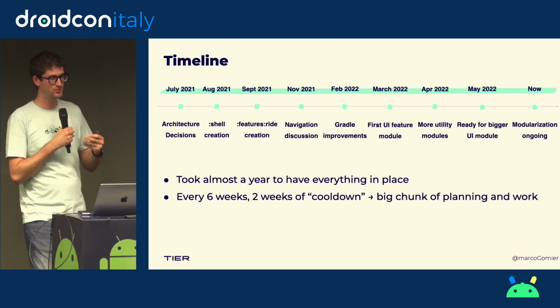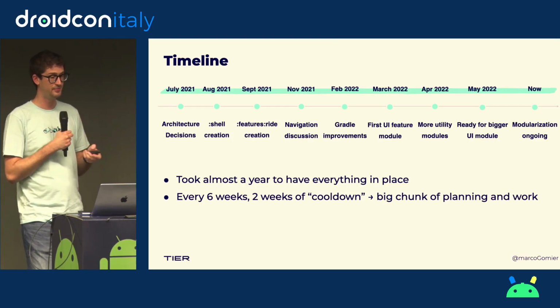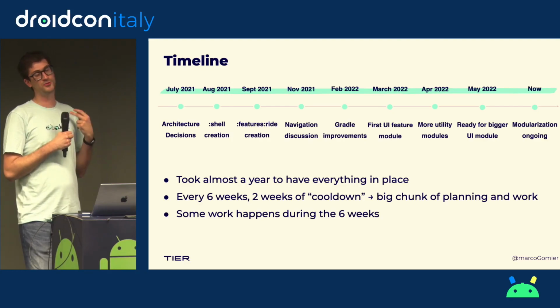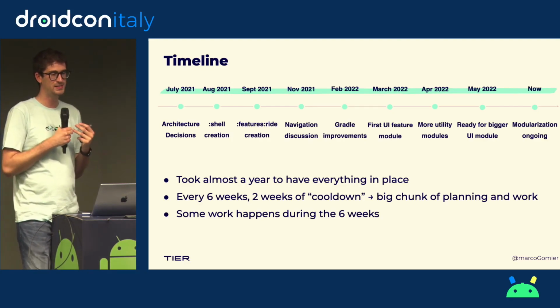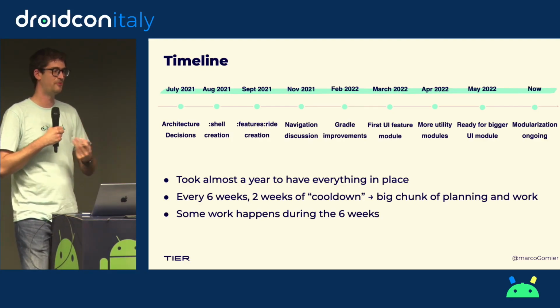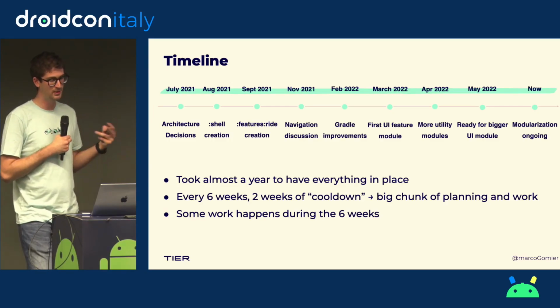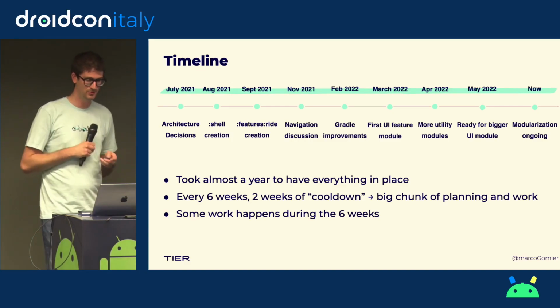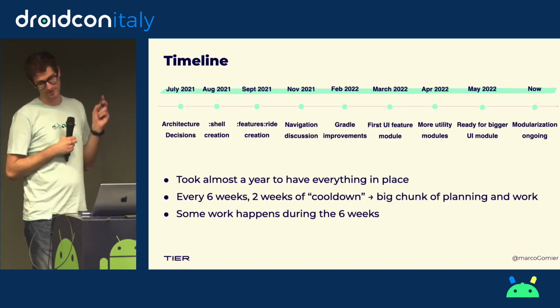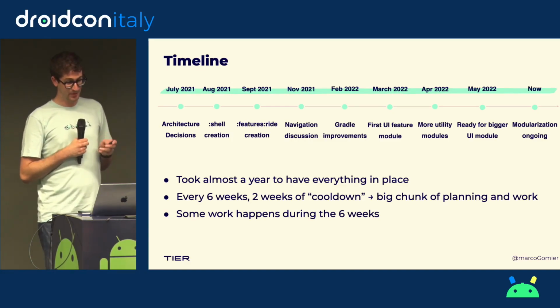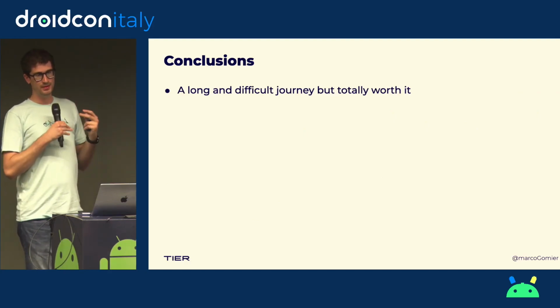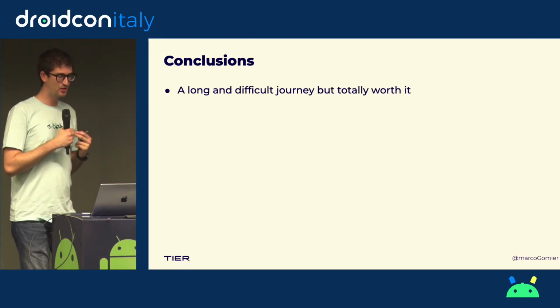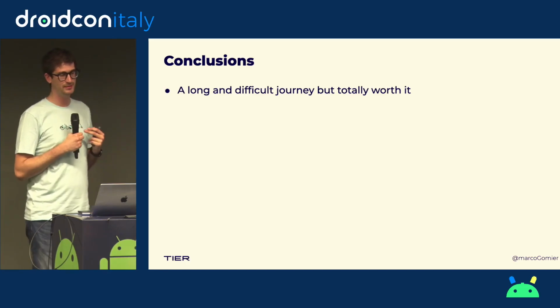In those periods, we had the most stuff rolled out. But of course, the work didn't stop in those 2 weeks, otherwise it would be impossible. Some of us continued working underneath during the 6 weeks period, without telling the PM, of course. No, I'm joking.